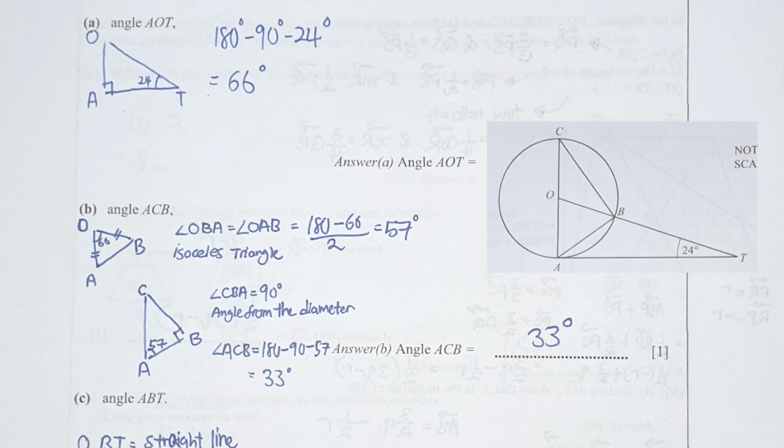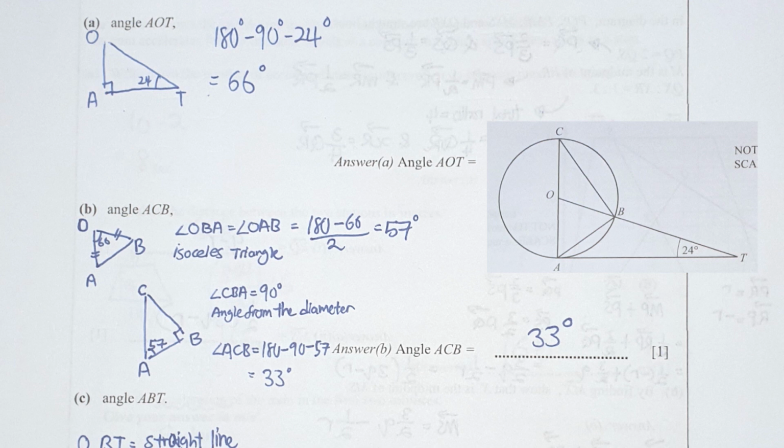AOB is an isosceles triangle because AO and OB have the same radius. So their respective value will be 57 degrees.